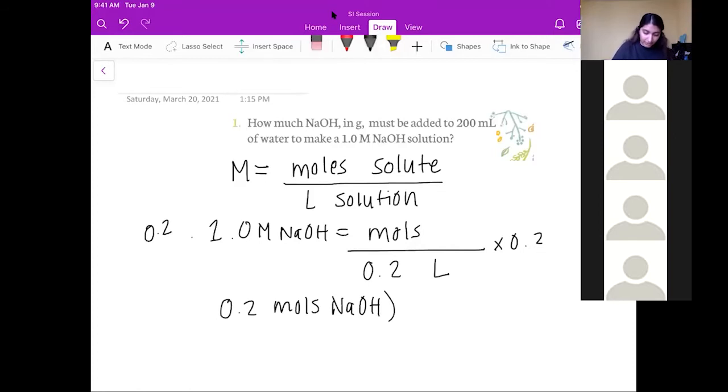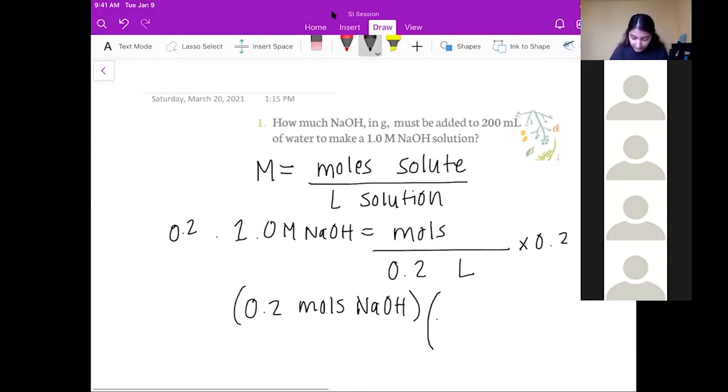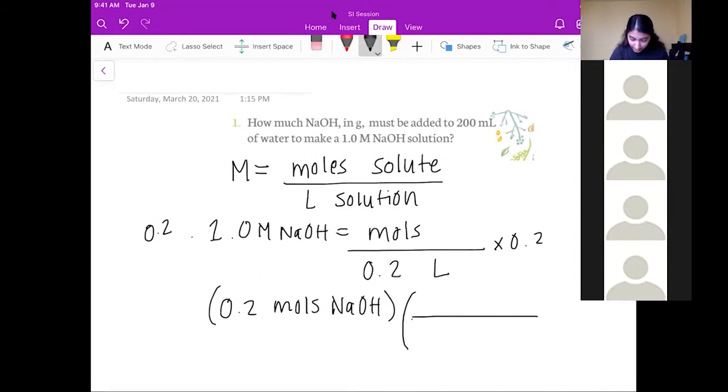So the problem asked us in a certain unit. So what do we have to convert our moles to? Grams. So how would we set up this dimensional analysis? So what would we put on the bottom of this? 1 mole, everyone agree? Yeah. So we would put 1 mole of NaOH on the bottom, and then what would go on the top for this one?